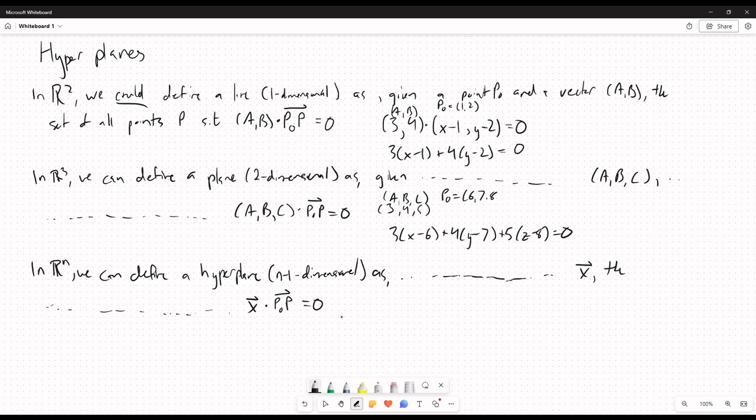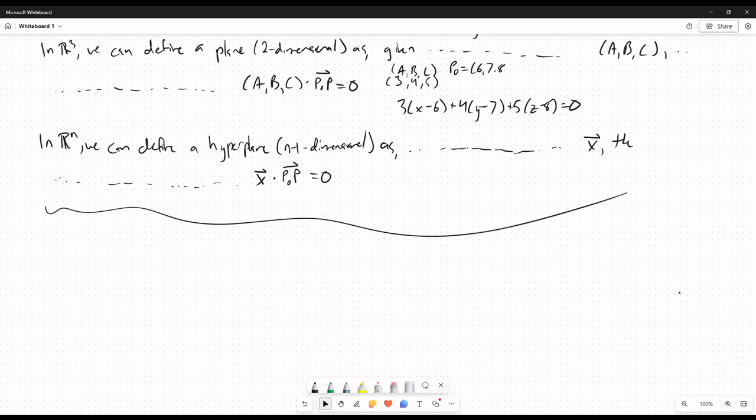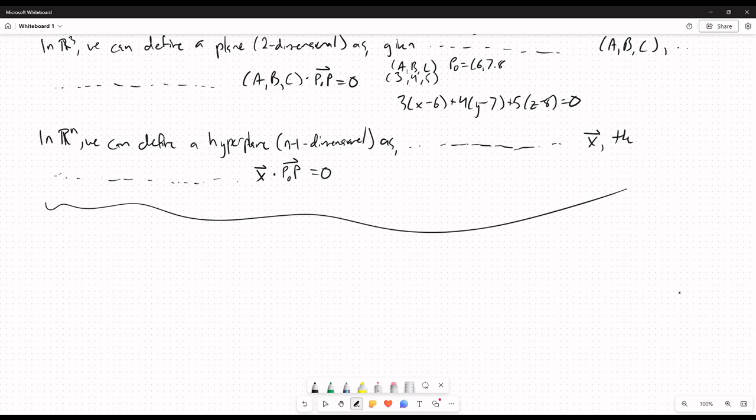Why do hyperplanes matter? Well, it turns out there are real-life examples that use hyperplanes in application. One of those examples is called the budget hyperplane, and it's an application in economics. So I'm going to give a slightly simplified example of what this means.